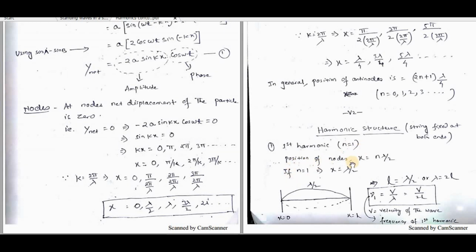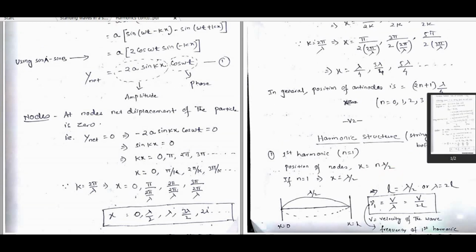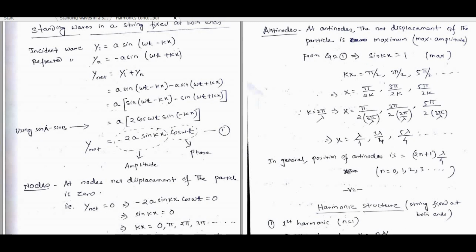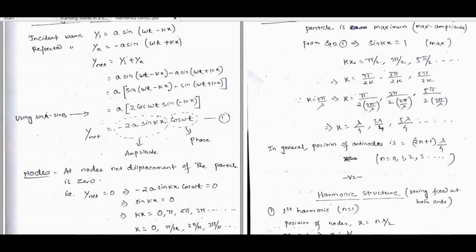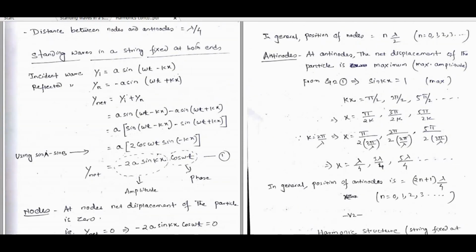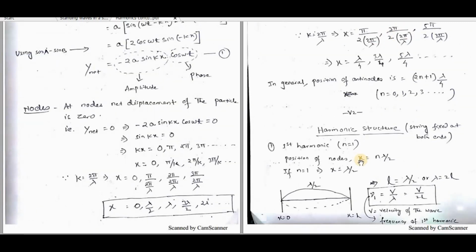That means the position of the nodes will be x equal to n lambda by 2. This is the general equation for the position of the nodes, x equal to n lambda by 2. So if n is equal to 1, then x will be equal to lambda by 2.